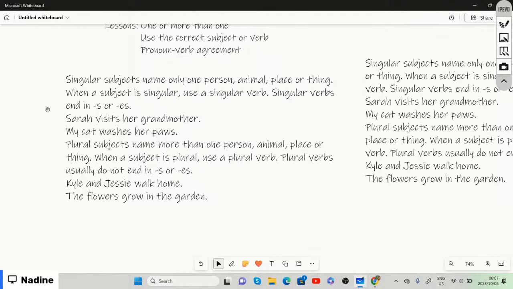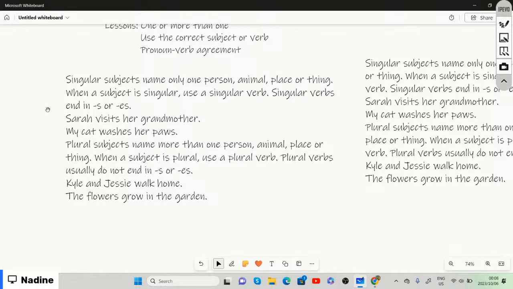And when the subject is singular, we also need to use a singular verb. And remember, the subject is the person, animal, place, or thing that we are talking about, or discussing, within the sentence.